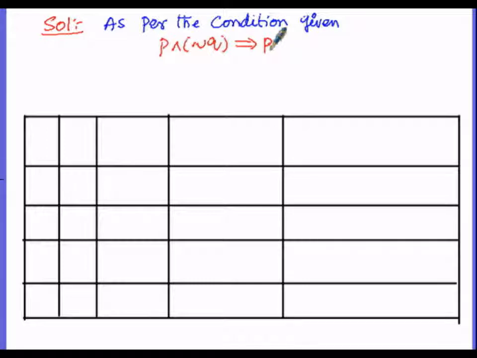Unless we show the last column truth values as true, each and every truth value of this last column must be true, only then the statement is said to be called a tautology.